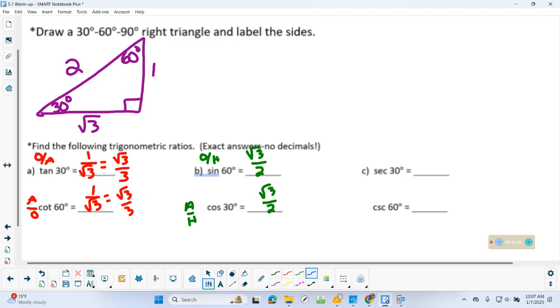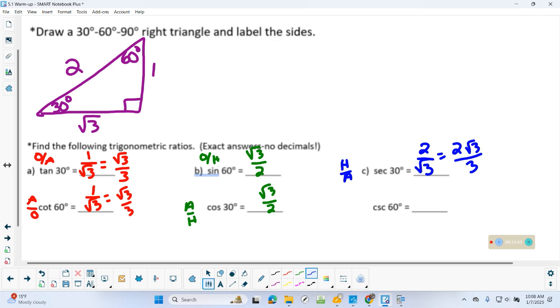Secant. Secant's the reciprocal of cosine. So hypotenuse over adjacent from the 30. Now hypotenuse, of course, 2. What is adjacent to the 30? Root 3. We're going to rationalize. It's all coming back to us.